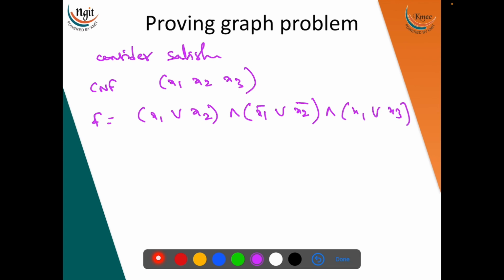Now there are three clauses that I have taken, C1, C2, C3. The formula is the conjunction of Ci for i equal to 1 to k, in conjunctive normal form. Now the k value is 3, so I have taken 3 clauses.